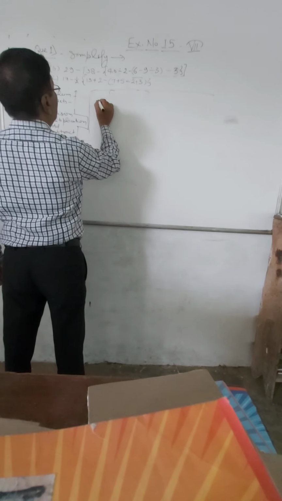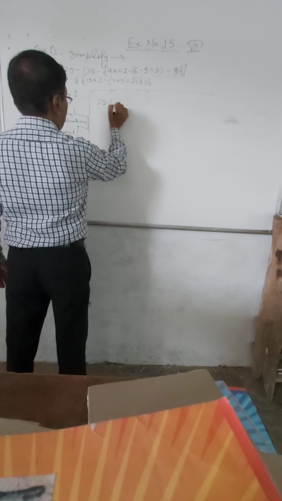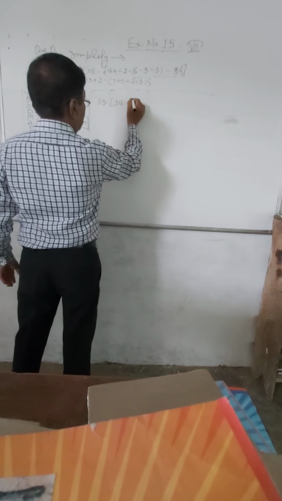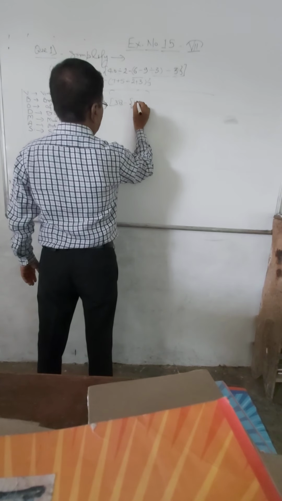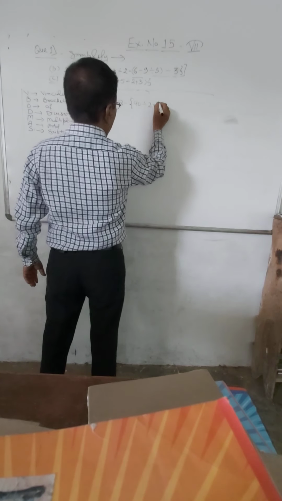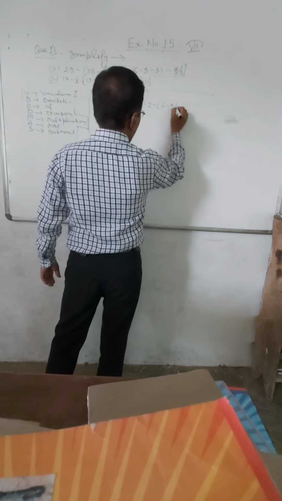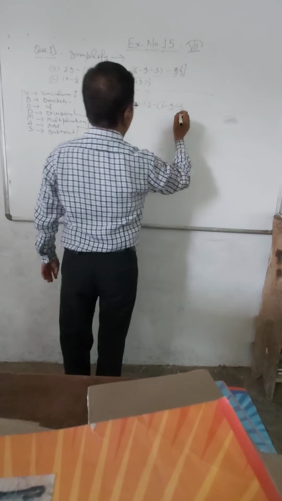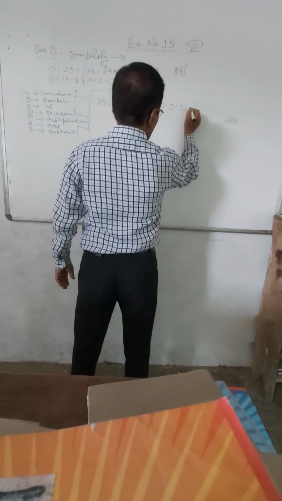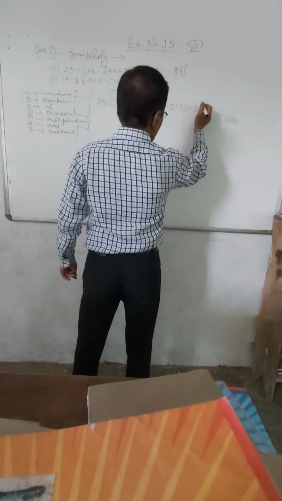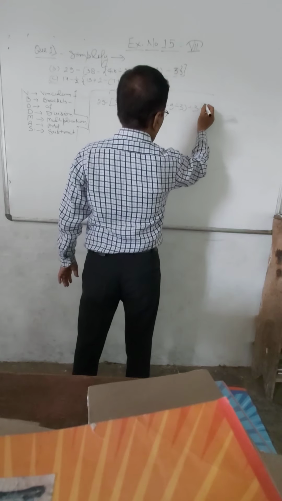Question is already written here. 29 minus big bracket 38 minus curly bracket 40 divided by 2 minus small bracket 6 minus 9 divided by 3 bracket close divided by 3.